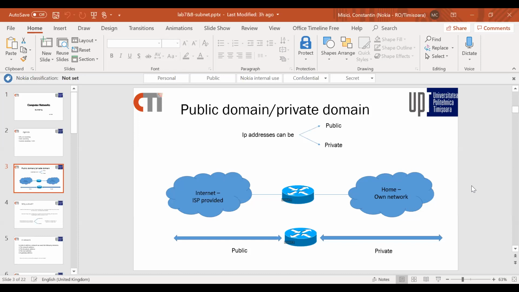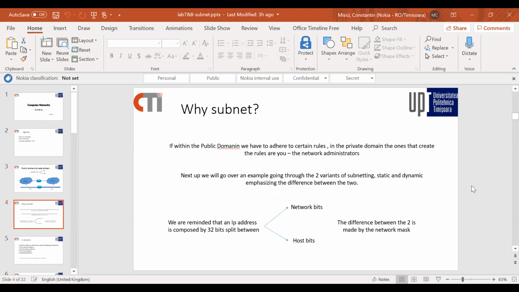And on the right, again, we have the private domain, the private network, in which you can pretty much do whatever you want. Of course, there are some restrictions in that particular part, and those are restrictions that you can probably imagine by yourselves. So again, on the public domain, we have to adhere to certain rules.